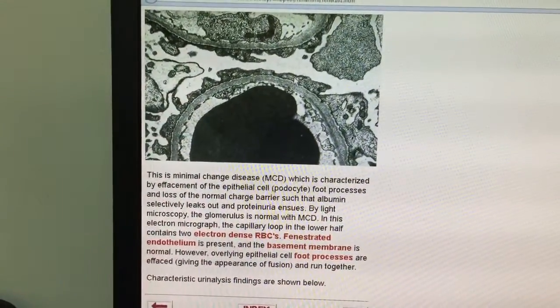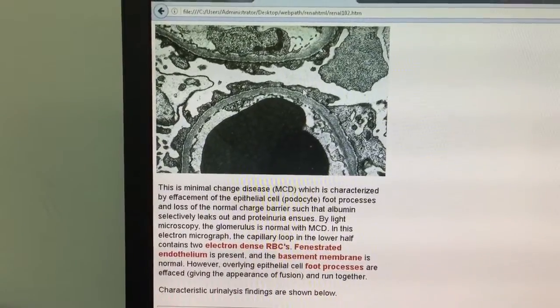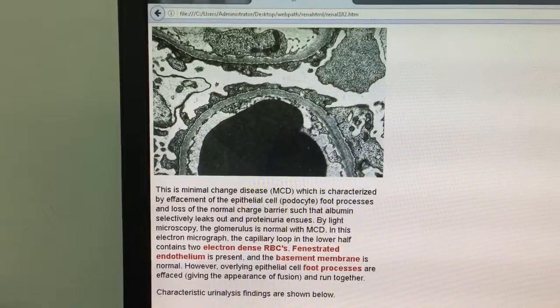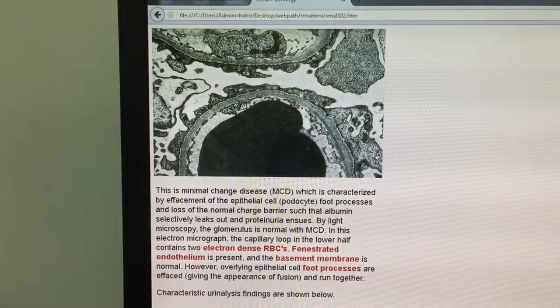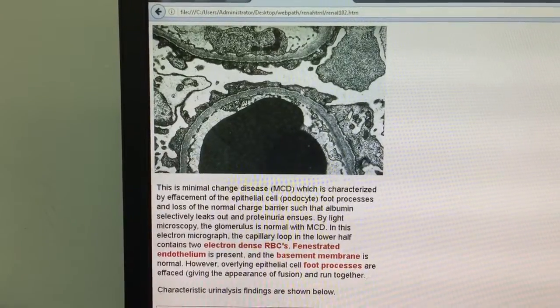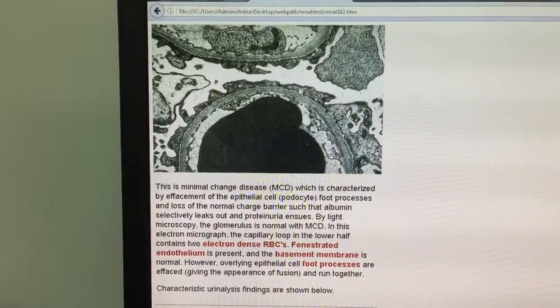So the first disease that we'll talk about, as you know, the kidney lesions we divide into nephrotic and nephritic. In nephrotic, there is usually loss of protein, so we have proteinuria and edema. In nephritic, we have hematuria, blood within the urine, and hypertension.